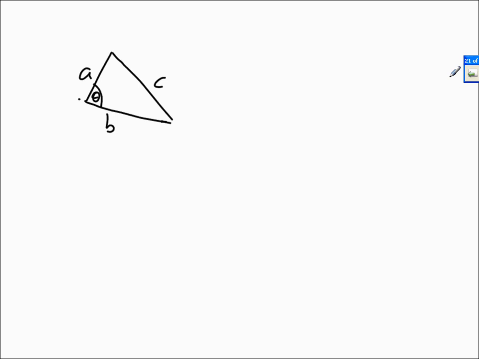Well, the law says take the sides that make up the angle, and first write down the side opposite it squared. C squared is A squared plus B squared minus 2 times the A and the B times the cosine of theta, the angle opposite side C. That is the law of sines. Let me rephrase that. That is the law of cosines. Okay.